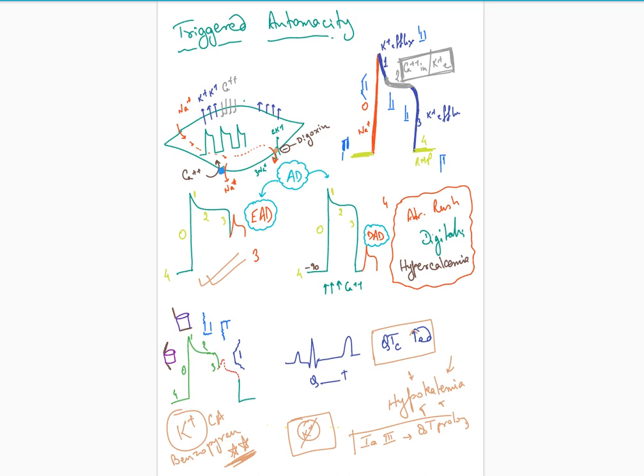This triggering will take place just after phase 3. That is why we call it delayed after depolarization, DAD. Understood or not? So basically, this is the story of triggered automaticity.